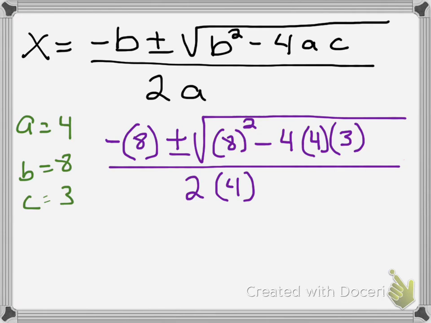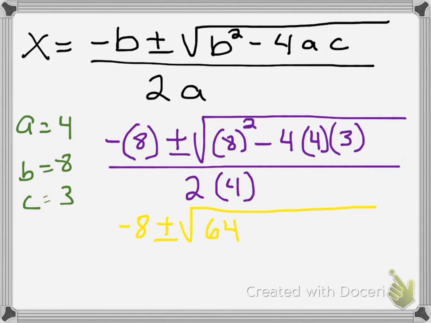Now, we got numbers. Let's go ahead and solve it. Okay? We're going to go yellow here. Negative outside of the parentheses 8, that's just negative 8. Plus or minus. And guys, don't try to punch all this in on a calculator, which I know you will. Just try not to. 8 squared, 64.